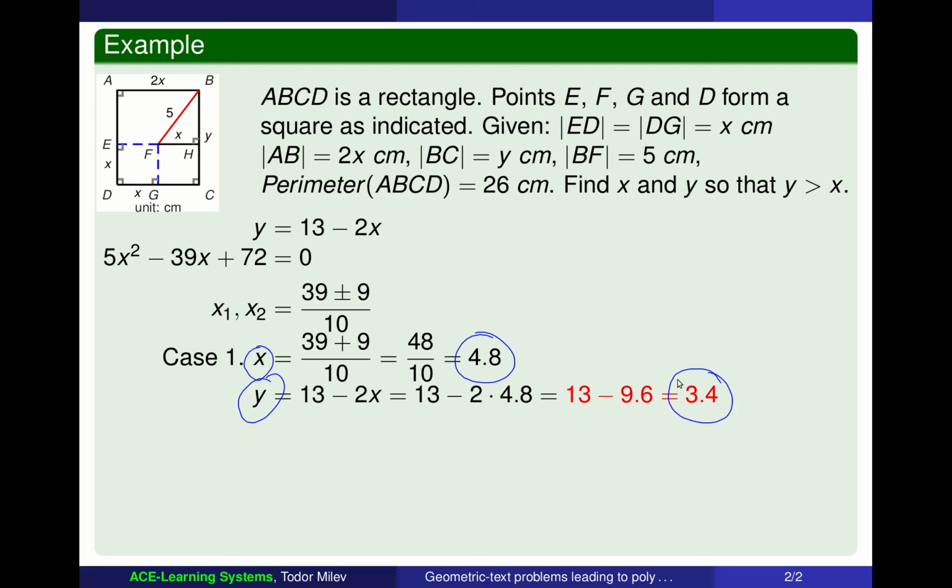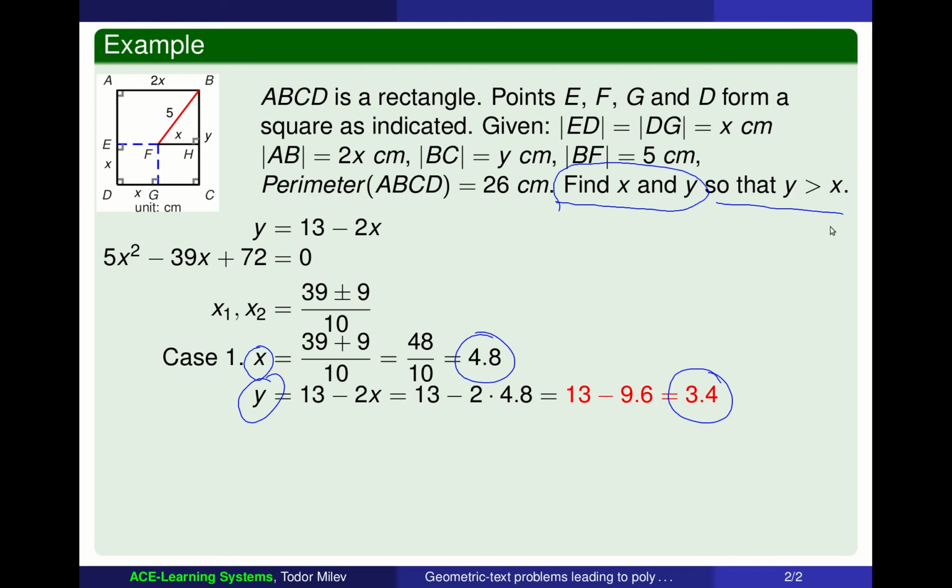Or do we? Let's be super careful here. Let's read the problem again. What does the problem say? Find an x and y. Sure, we found x and we found y. But the problem says something more.